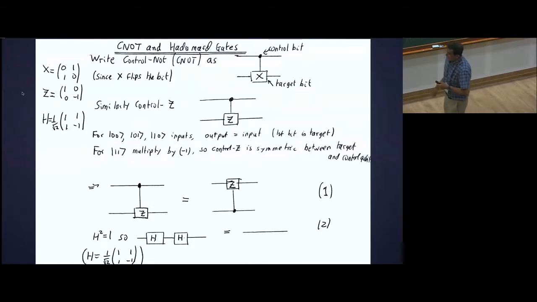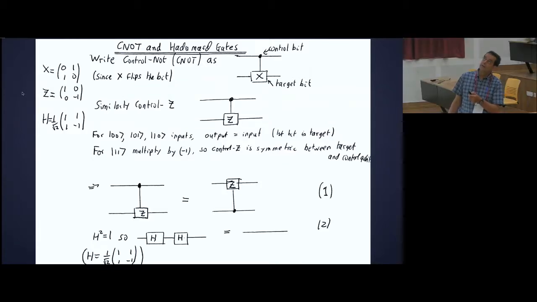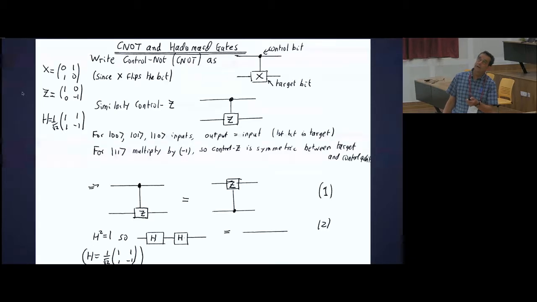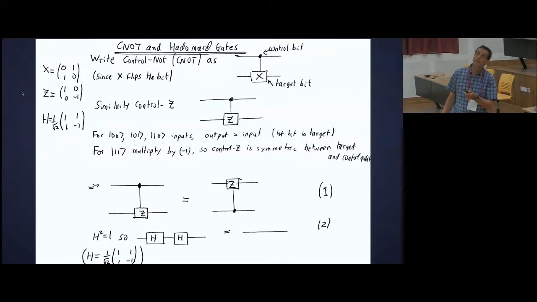Now, I like at this point to write the control NOT to indicate that this flipping, which is done if the control bit is 1, is done by the operator X. This will be very useful in proving certain relationships. So let me write this control NOT with an X here. So this says if the control bit is 1, the target bit at the bottom gets acted on with X, which flips it.